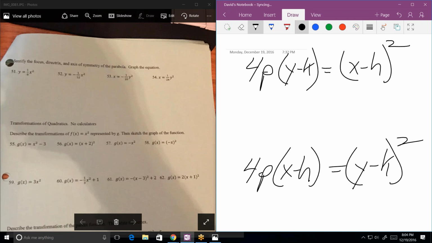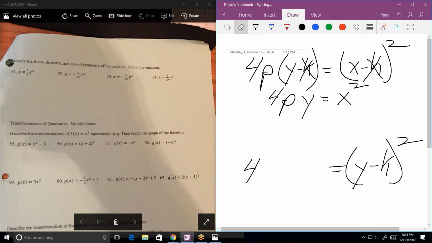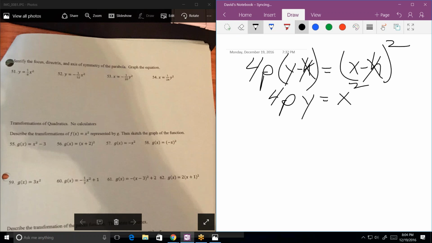In this case, we don't have a k and an h, so I can write it like that. So really, it's 4p times y equals x squared. How can I make this look like what we're looking at? Here's the equation they gave us.